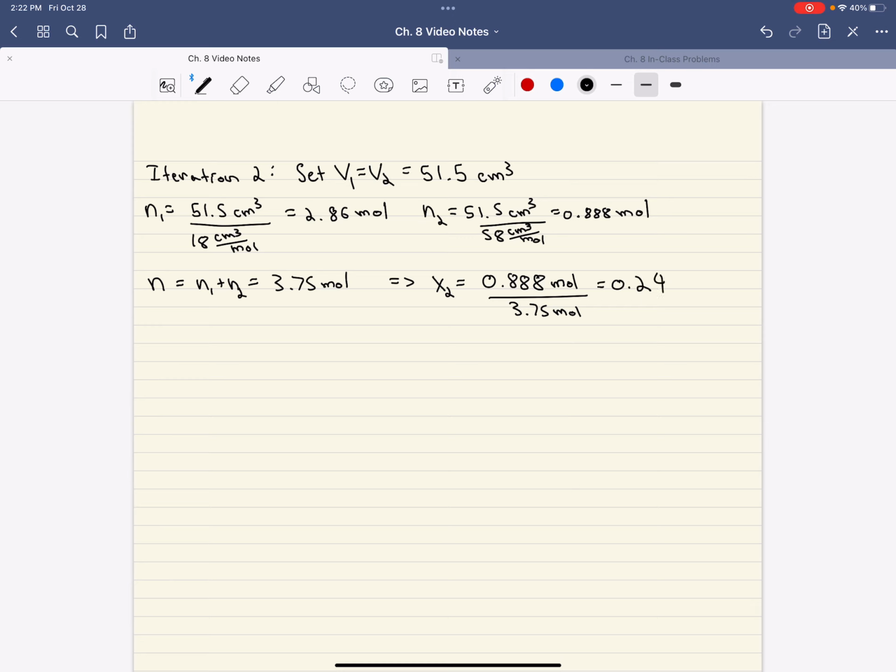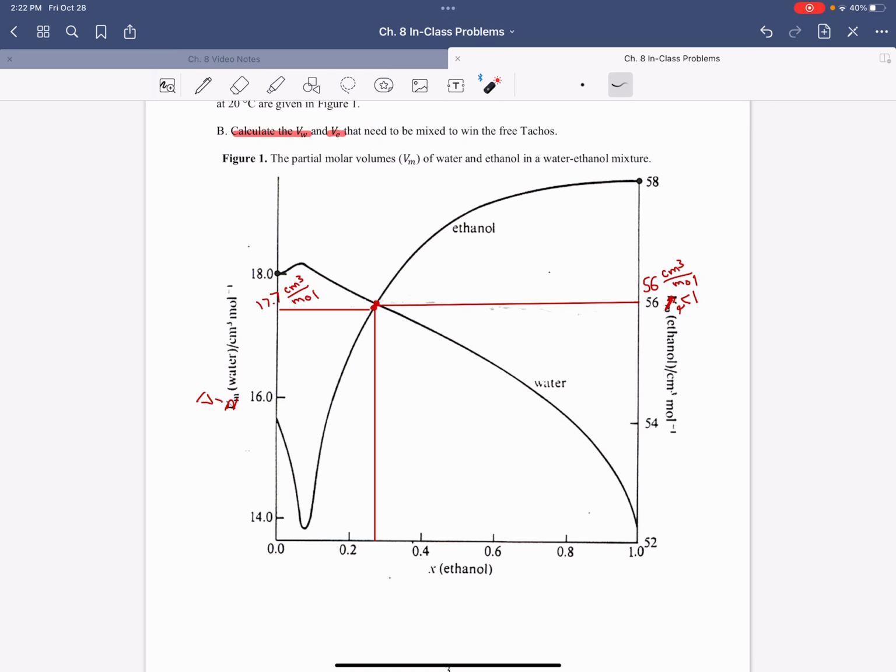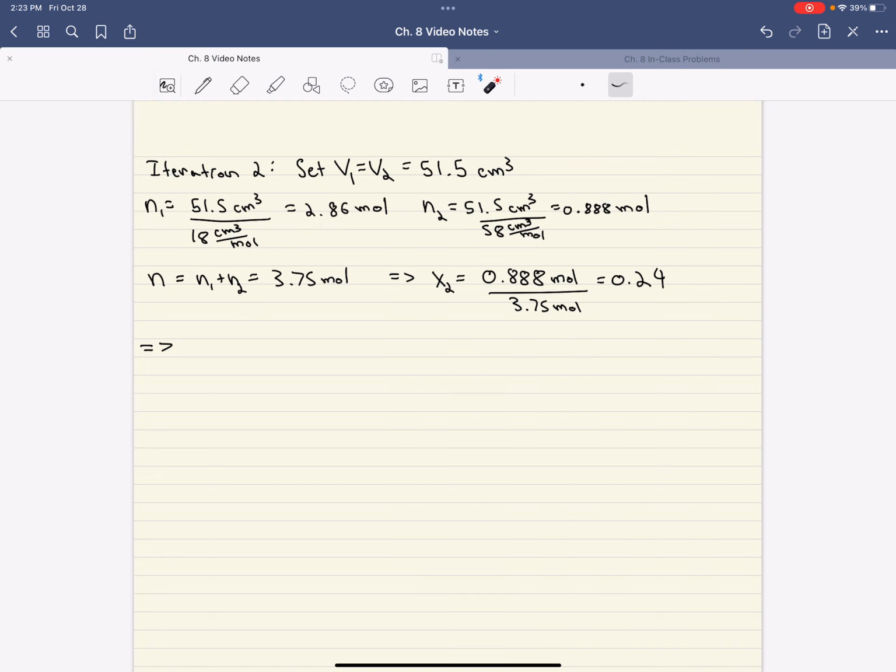And once again, we get a value of about 0.24, right, if we go through that calculation. All right, and so since we basically got the same x2 value, we could read off these values off the plot again. So, as a result, our V1 bar value is going to be the same, and our V2 bar value is going to be the same.